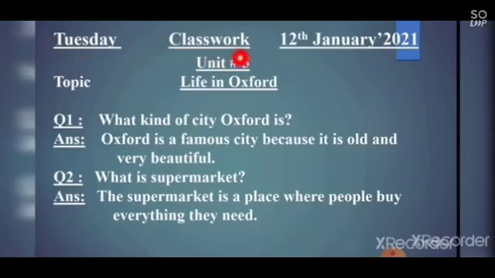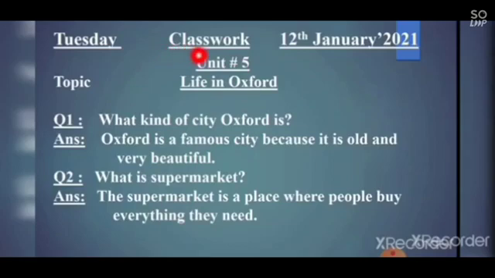Then in the center write classwork, and C should be capital: C, L, A, double S, W, O, R, K, classwork. What is the classwork spelling?